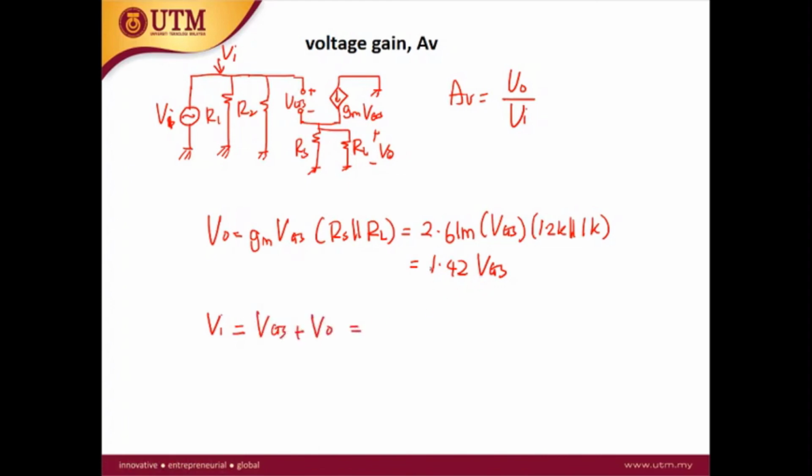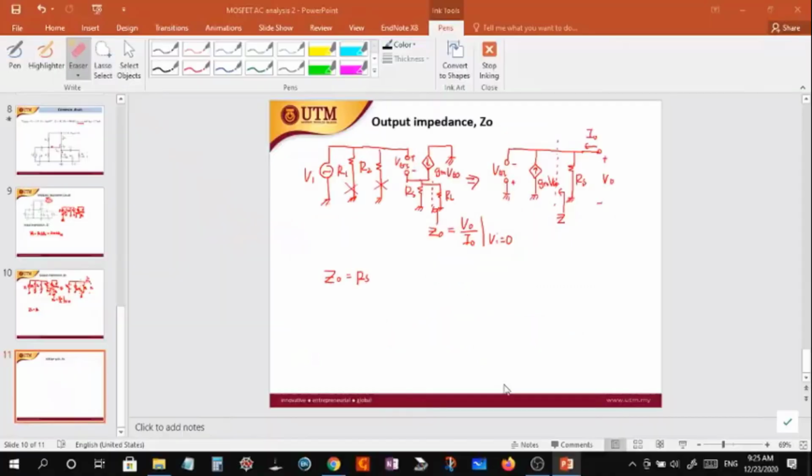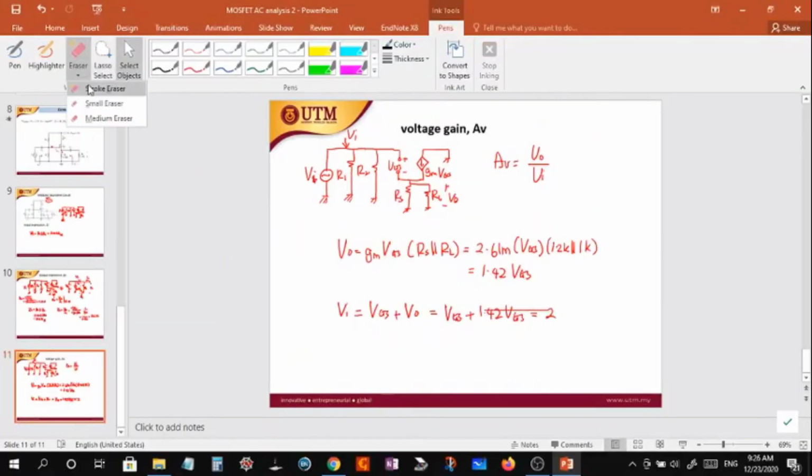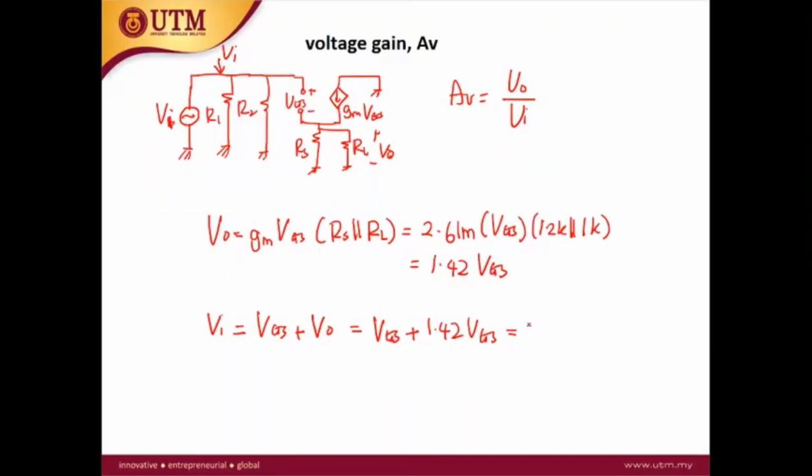V out is equal to 1.42 VGS. So this is VGS plus 1.42 VGS, which is equal to 2.42 VGS.